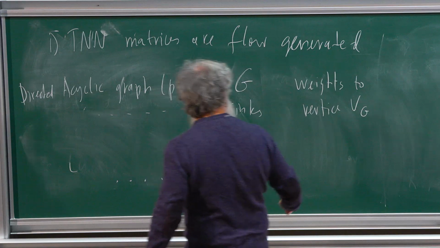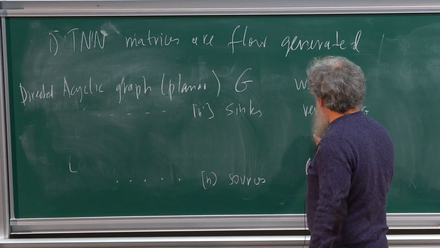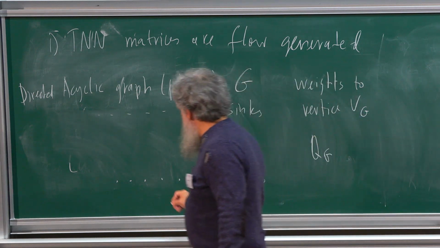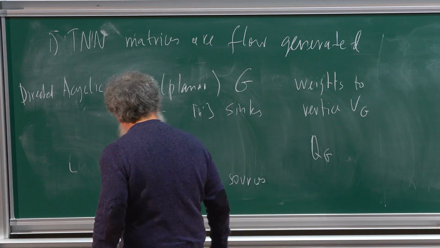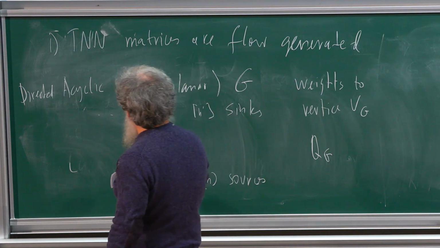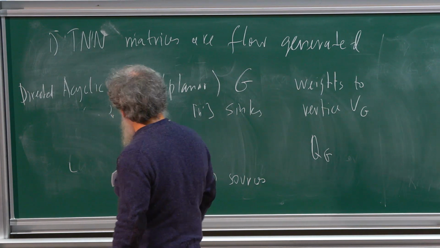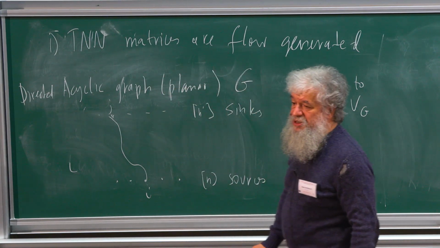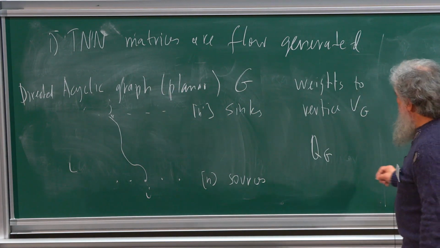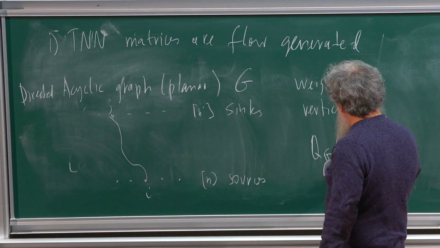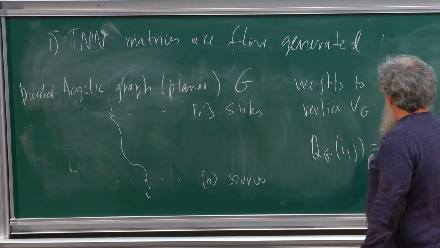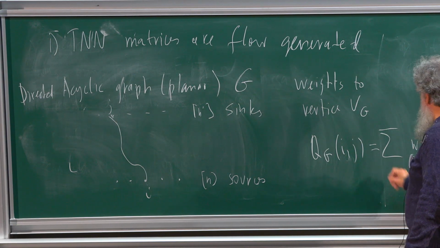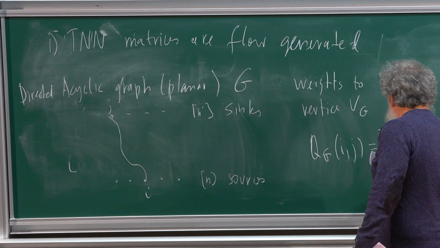Now you can construct the following matrix with respect to this graph, Q_G. You take the i-th source and j-th sink, and consider the set of all paths in this graph between i and j, and define the element ij as the sum of the weights of all paths which go from i to j.